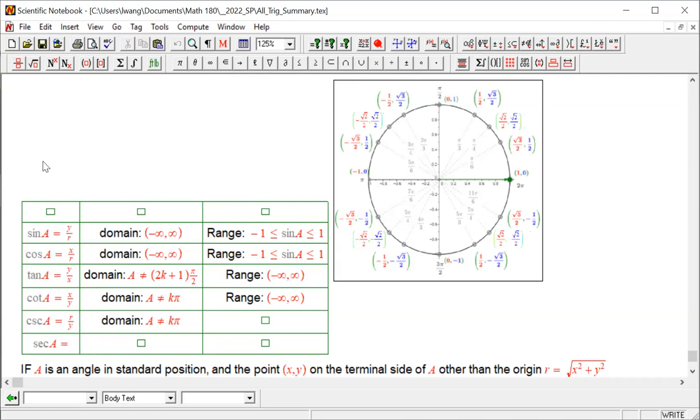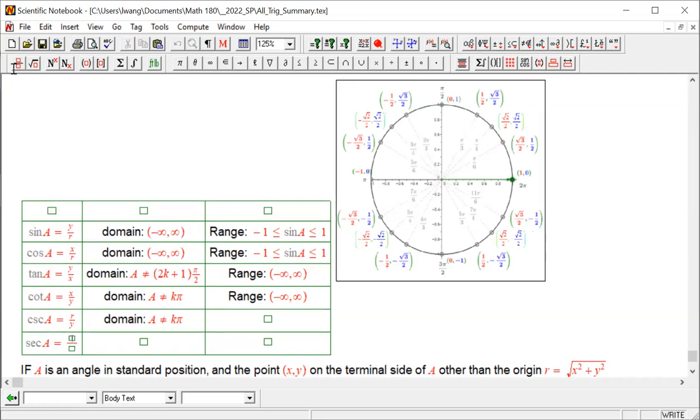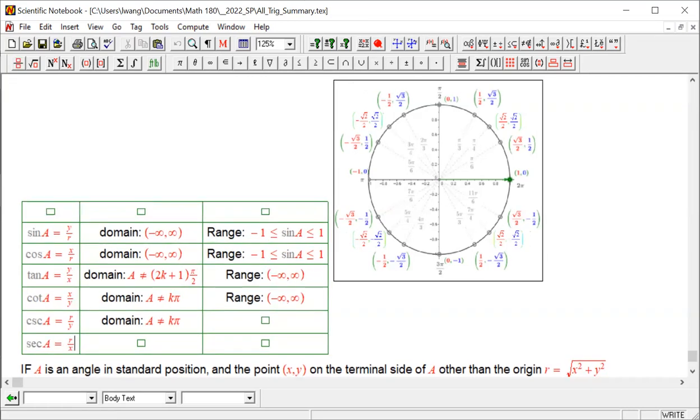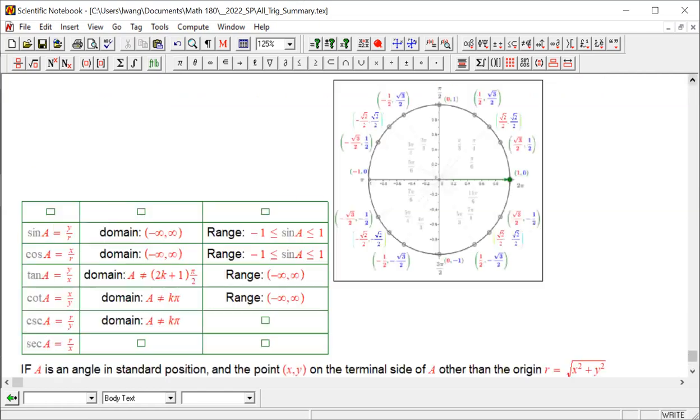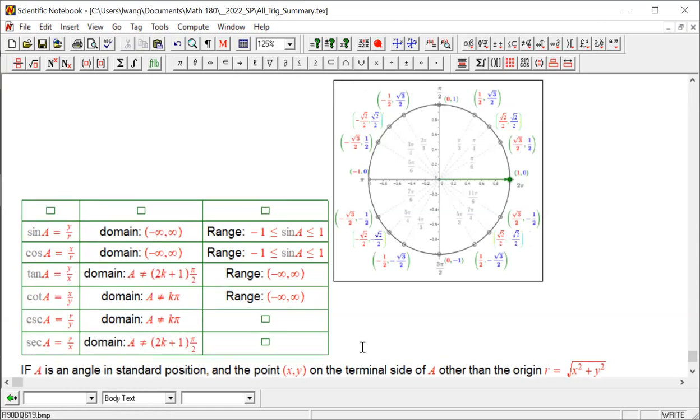And secant is r over x, and therefore x cannot be 0, right? As a result, since x cannot be 0, secant has the same domain as tangent.